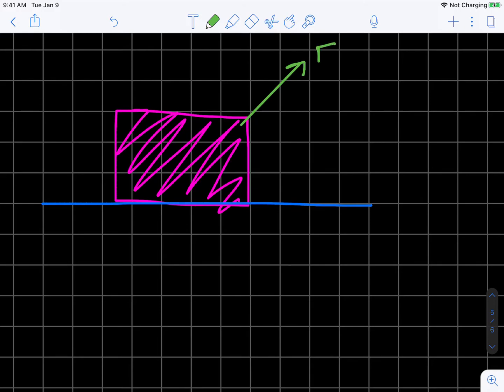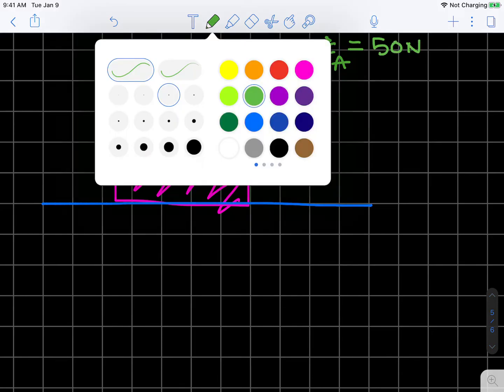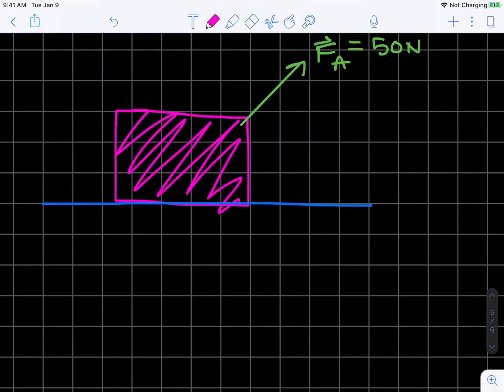So here's our applied force. And let's say our applied force is 50 newtons. And the box's mass, let's give it a mass of 20 kilograms. So that's our mass. Remember, we measure mass in kilograms.